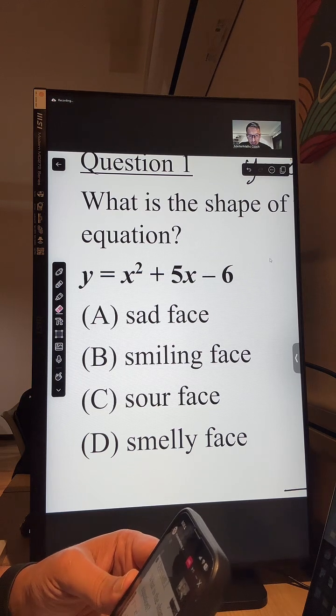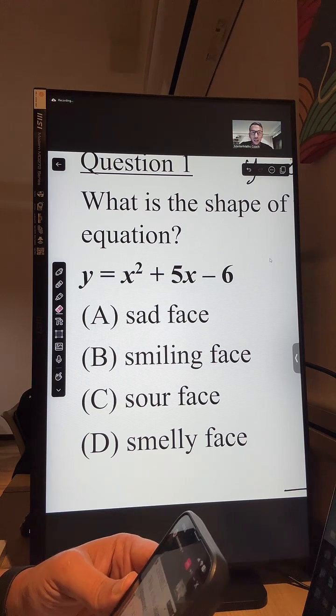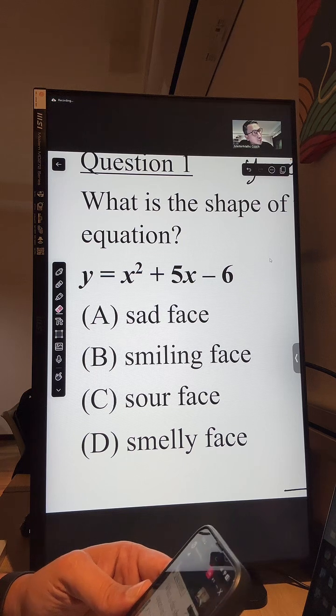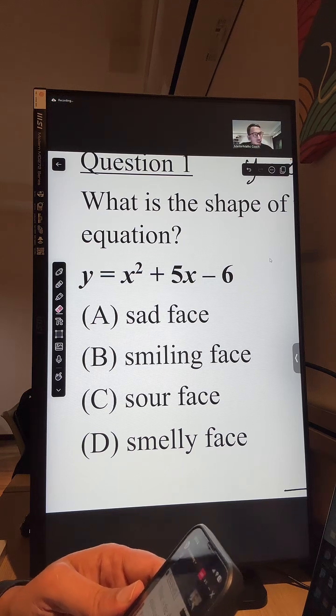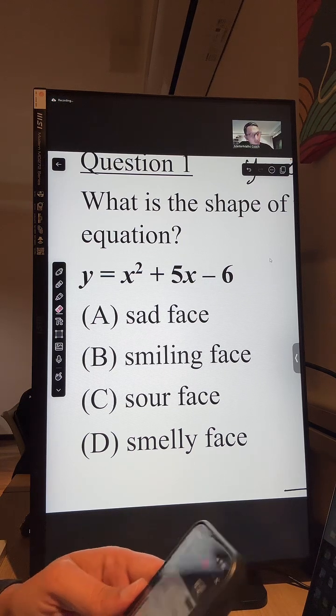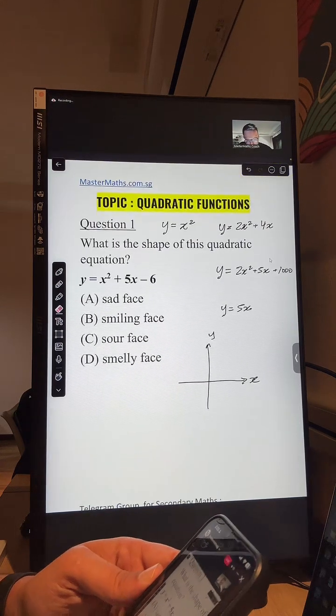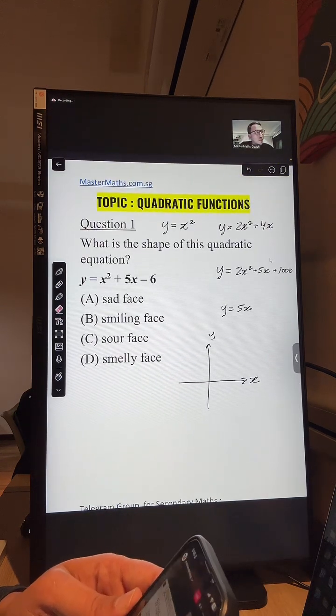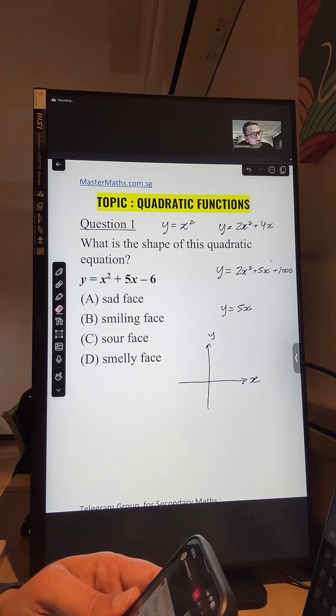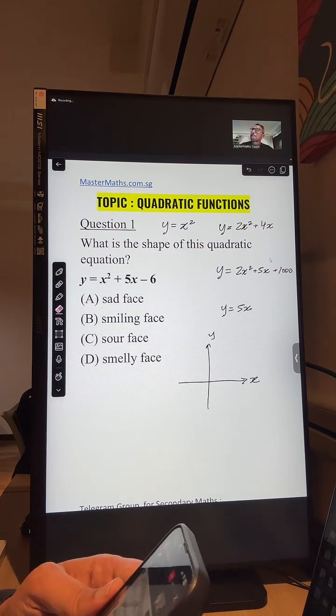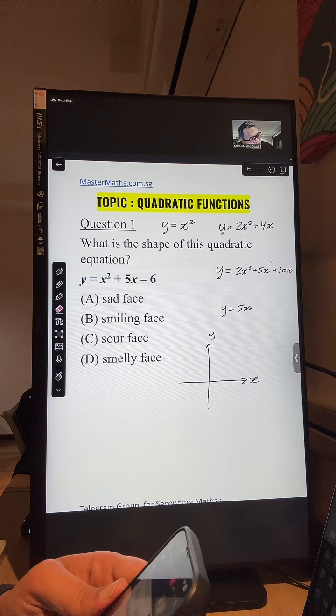Some people have said B. Anybody else would like to add? What do you all think the answer for this would be? I'll zoom out again. What is the shape of this quadratic equation?